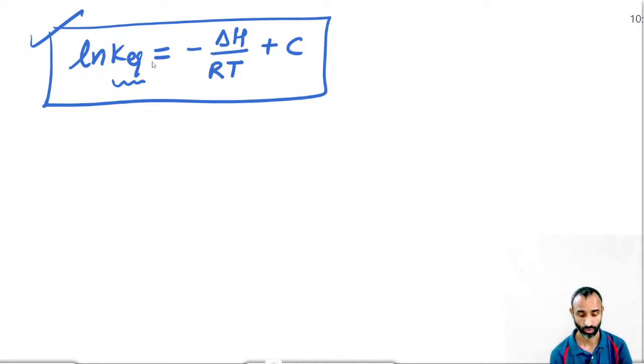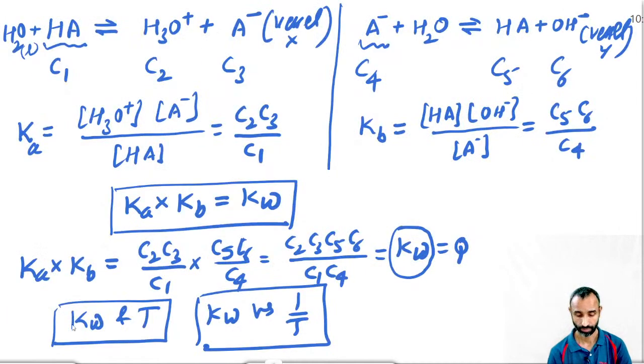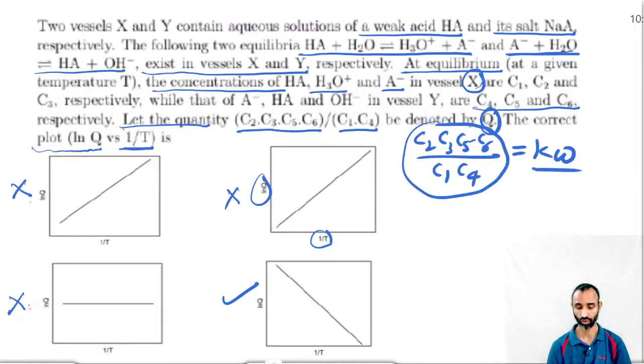So natural log of Q is equal to minus delta H upon RT plus constant. But here it is simply working like that: the ionic product of water is directly proportional to temperature, so it is inversely proportional to 1 upon T. So as 1 upon T increases, Kw decreases and natural log of Kw decreases.